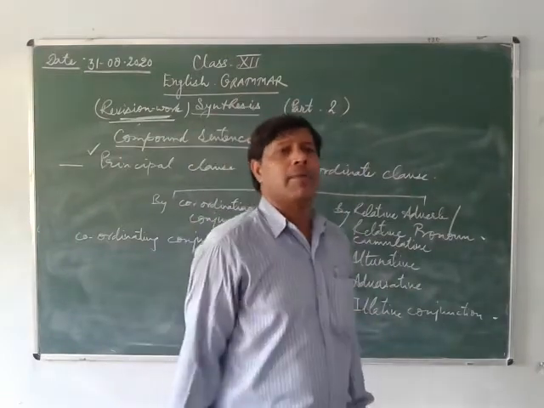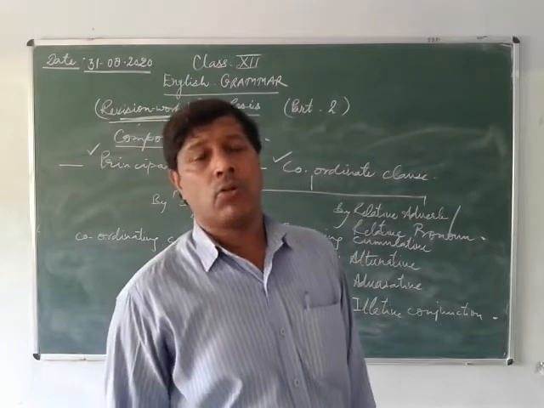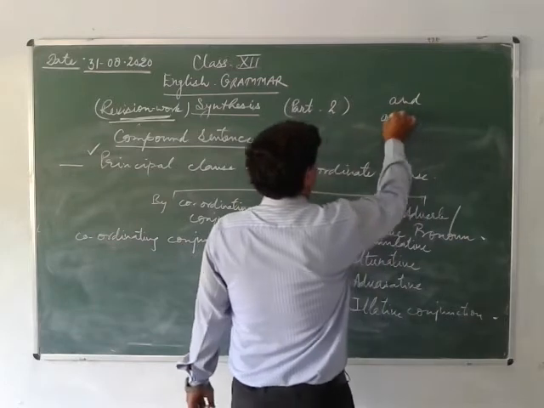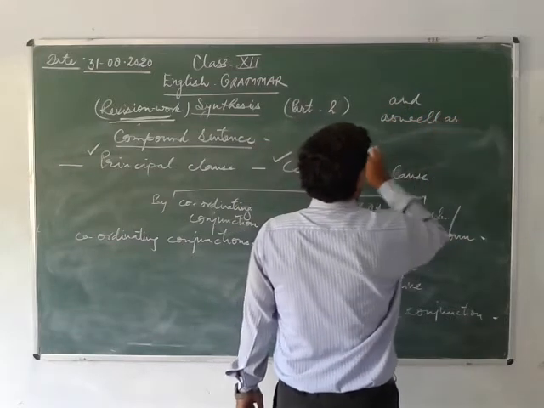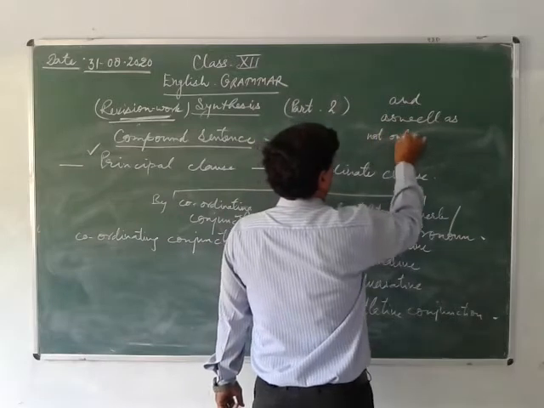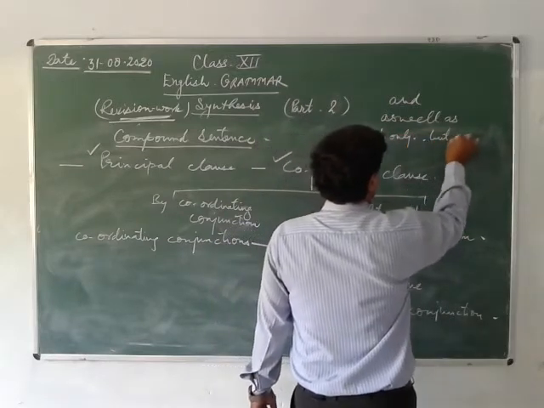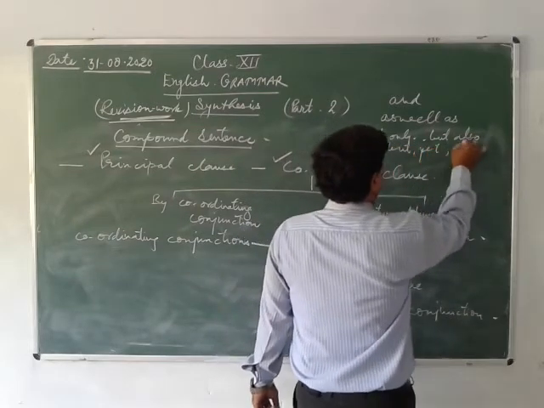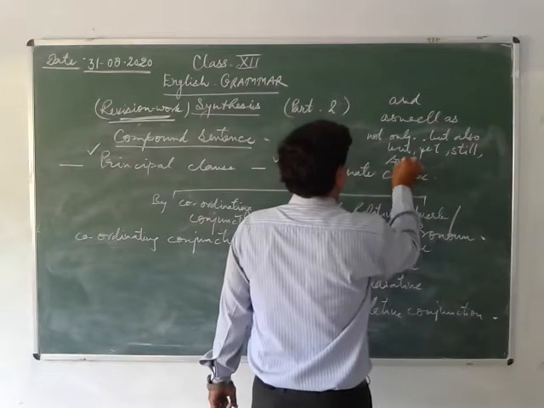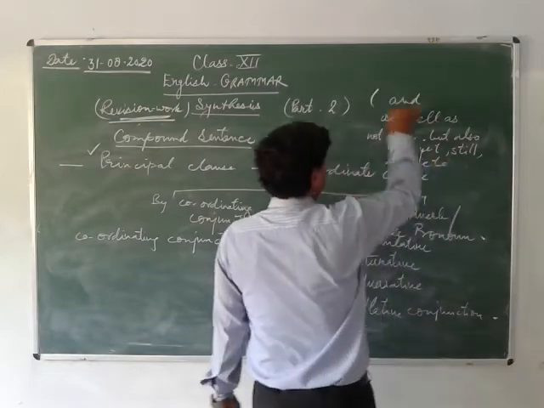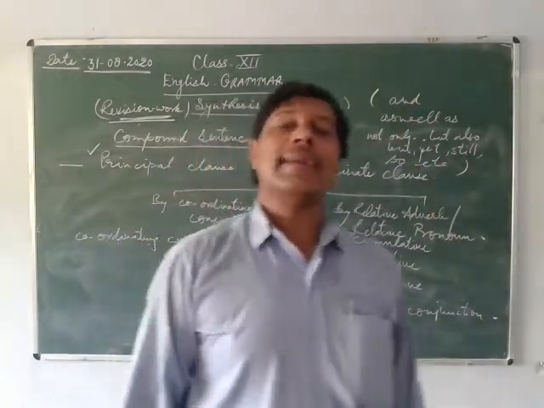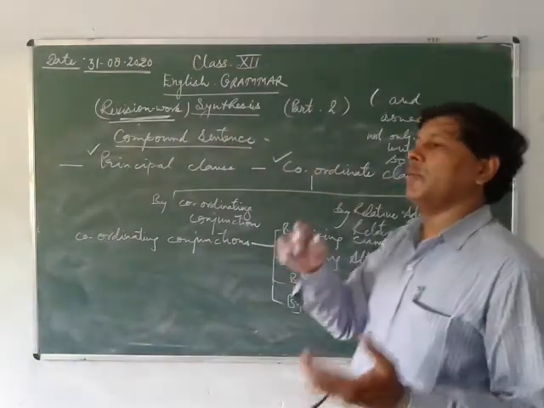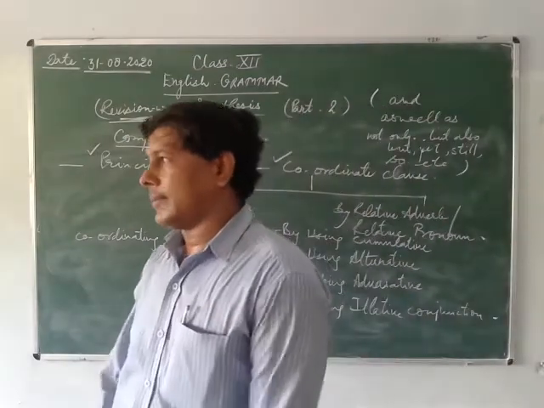As we have read earlier about coordinating conjunctions, you will see and, as well as, not only but also, but, yet, still, so, etc. These are called coordinating conjunctions. So you will use all these conjunctions just before any coordinate clause.